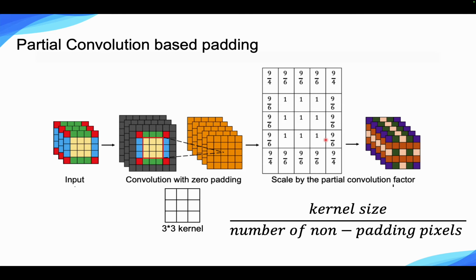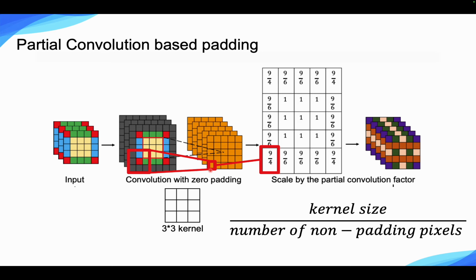So partial convolution-based padding, in short, first pads with zero, and then does the normal convolution operation. After that, the scaling factor is computed. They scale the value after convolution using a scaling factor, and the scaling factor is computed like this. For example, what is the scaling factor of this pixel?